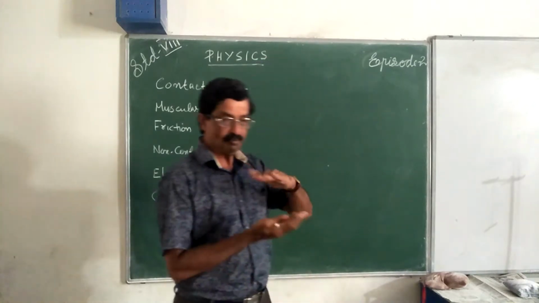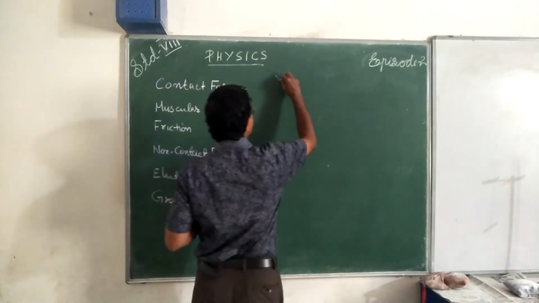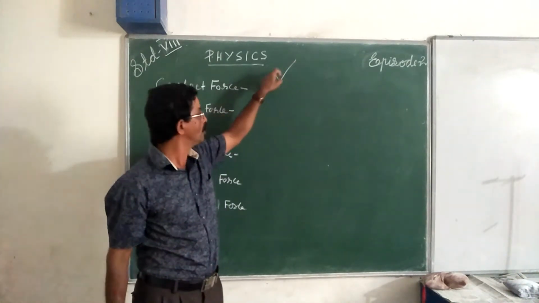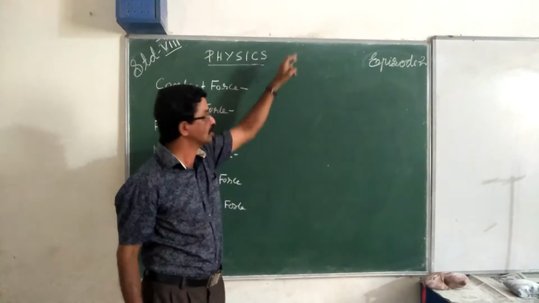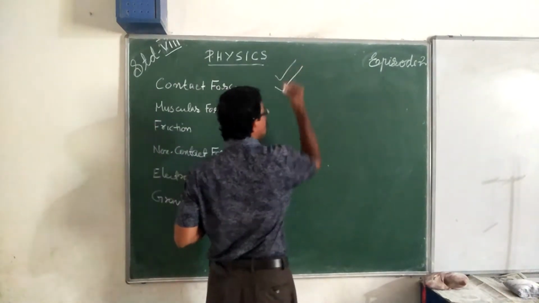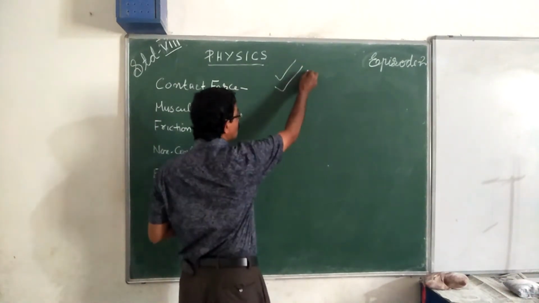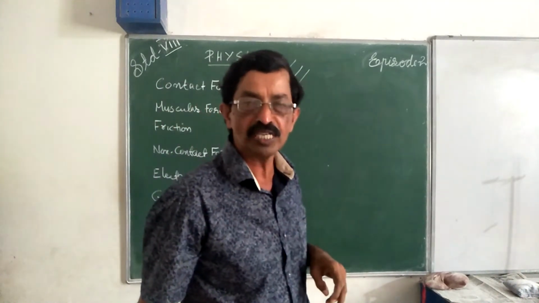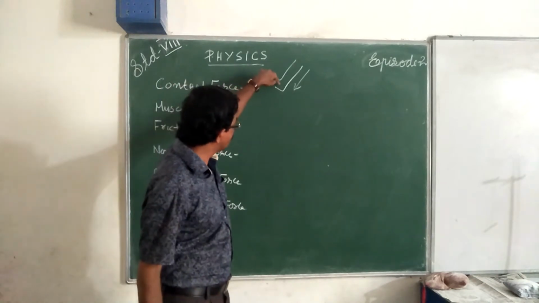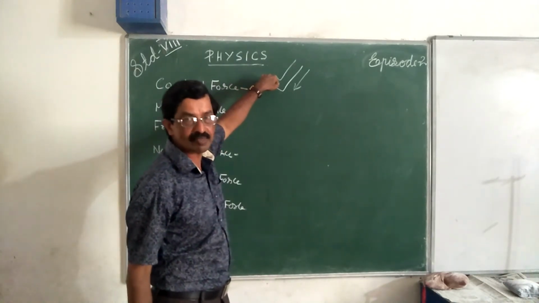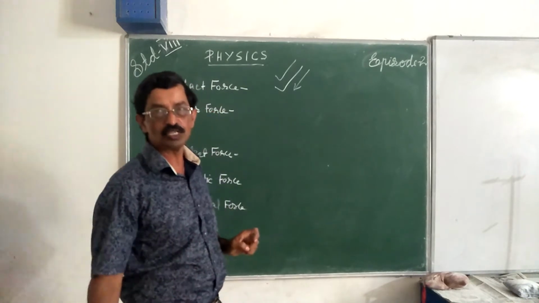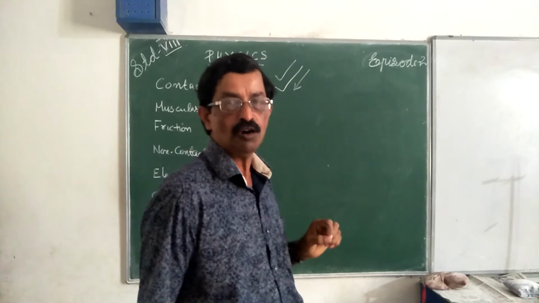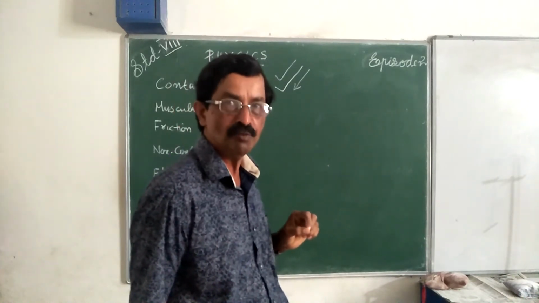When I am writing or giving a tick mark here, the chalk moves from one point to another. This is the direction of movement of the body, but the frictional force is just opposite to this one. See, when we draw this line, there is contact. So friction is a contact force, and it always acts opposite to the direction of motion.